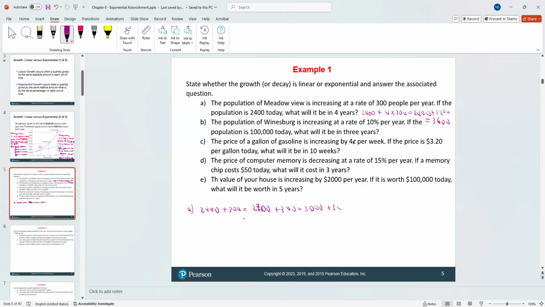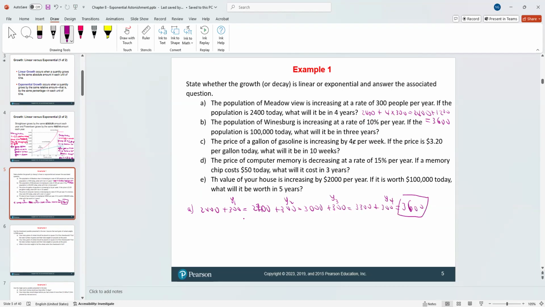If you add another 300, 3,300 after 3 years. If you add another 300, it gives you 3,600. This is year one, year two, year three, and year four. But the example I showed you makes it much easier. After 4 years, you have 3,600.